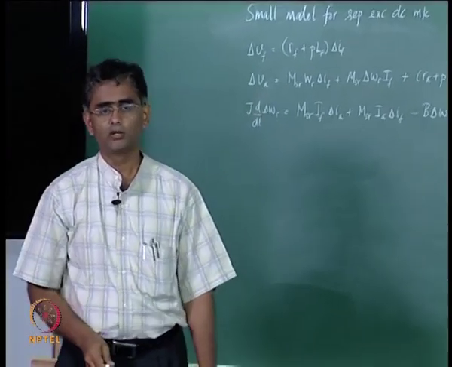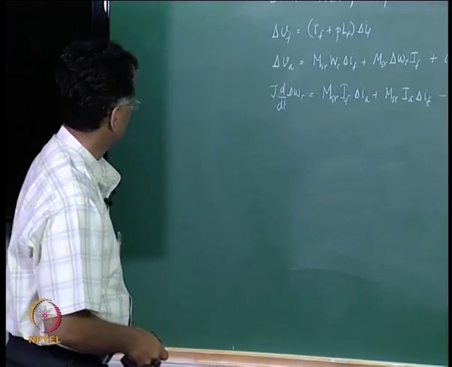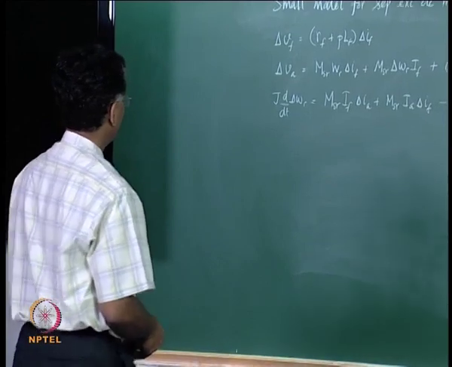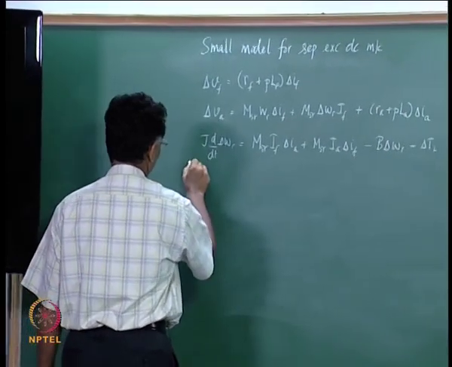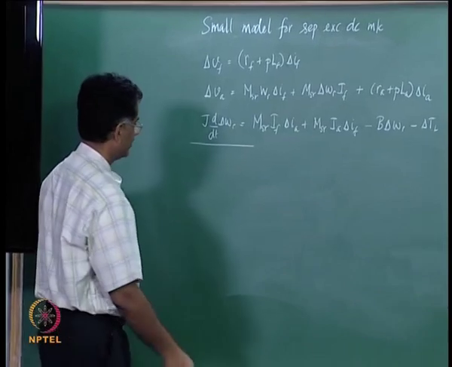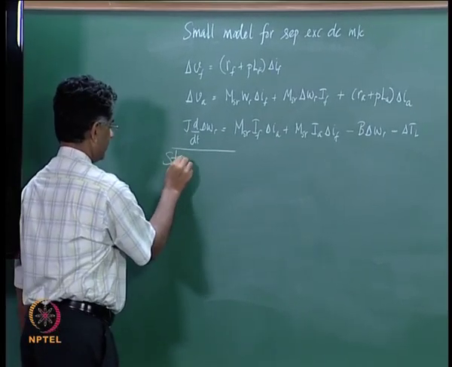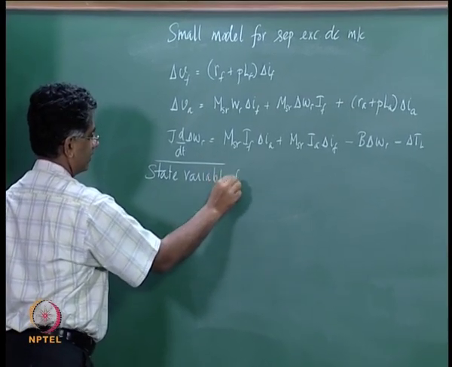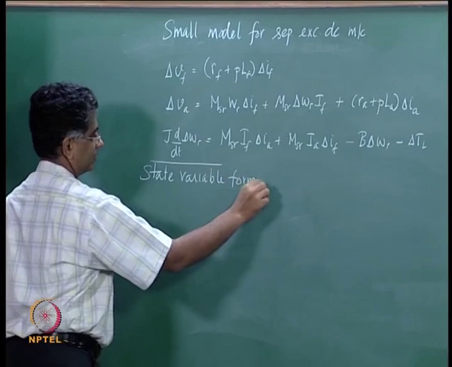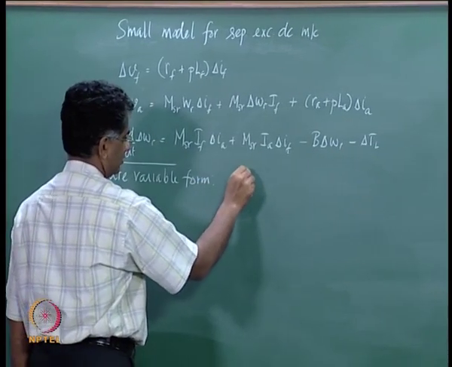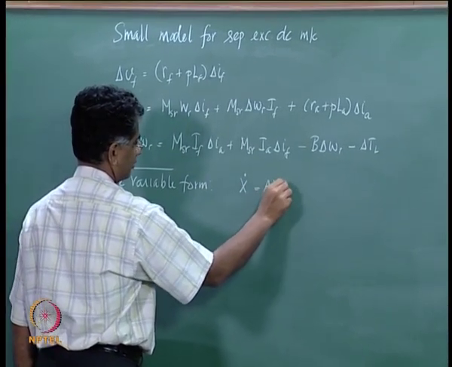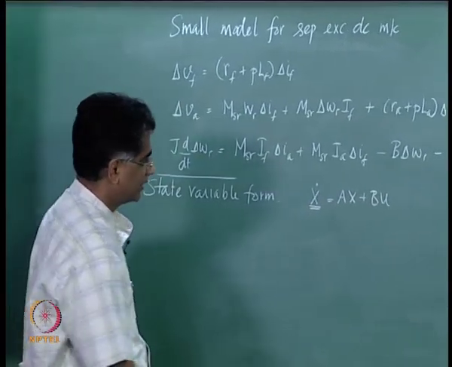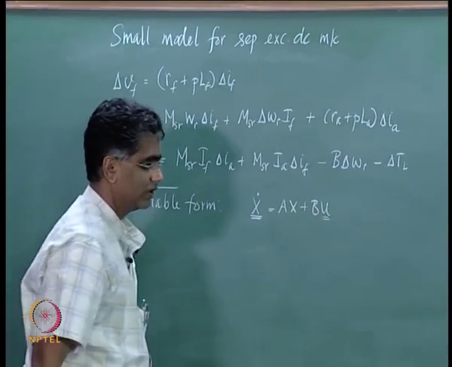This is a model for the small signal response of a separately excited DC machine. Normally it is useful to recast these expressions in the so-called state variable form, which is of the form x dot equals Ax plus Bu, where x is the vector of the state variables and u is a vector of the inputs.